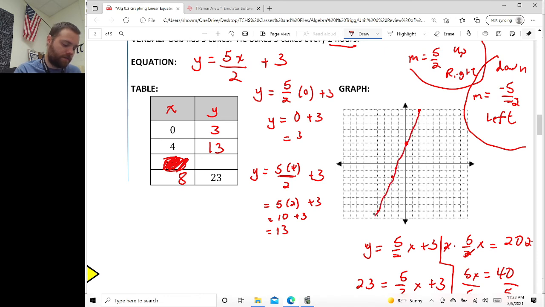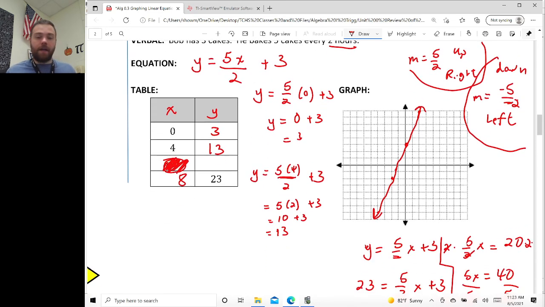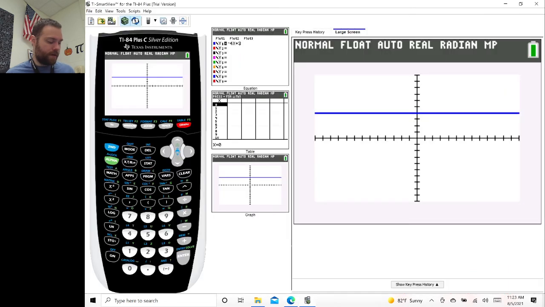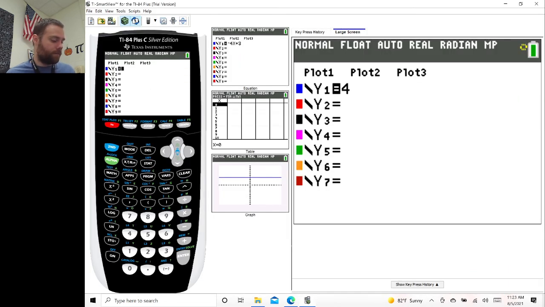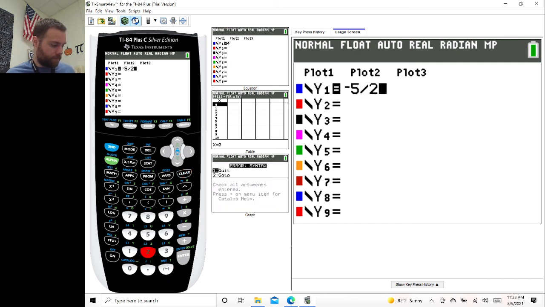And there it is. Let's look at that line on the graphing calculator. We'll call it a day. I want to do this properly.